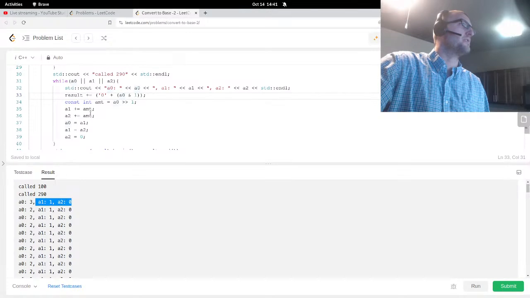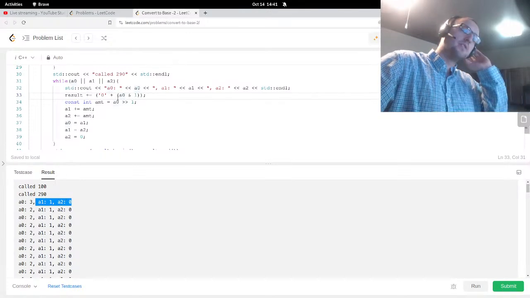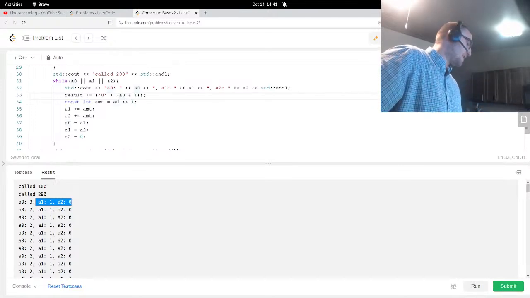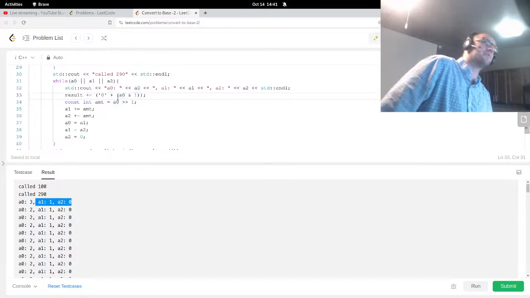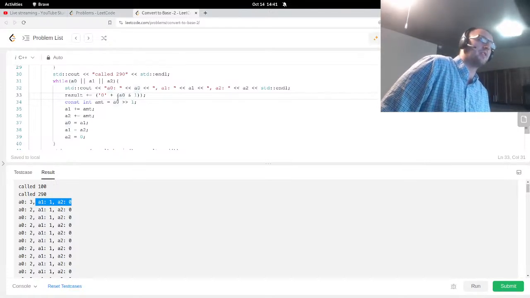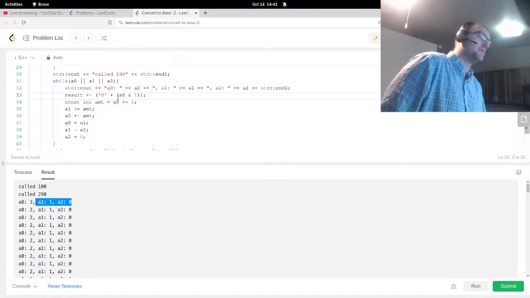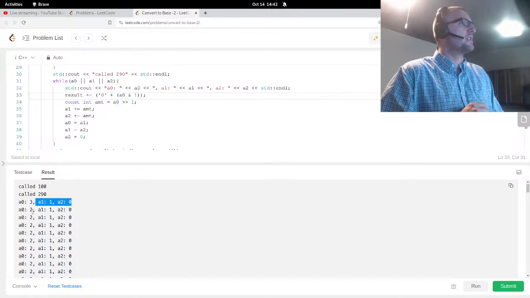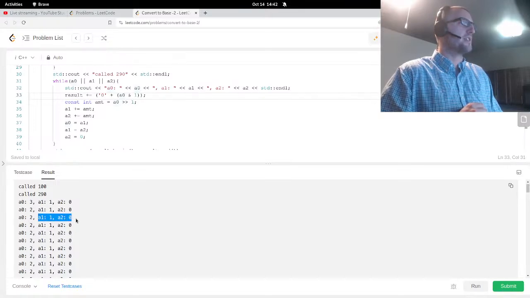And then we add, we bit shift this amount. So we add 1 to A1 and A2. They become 2 and 1, right? And then we just shift down to 2 and 1. Then we add again 1 and 1, shift down to 2 and 1. And it just goes infinitely.